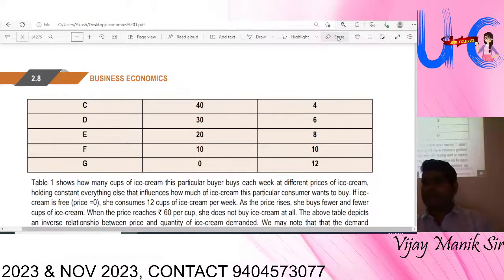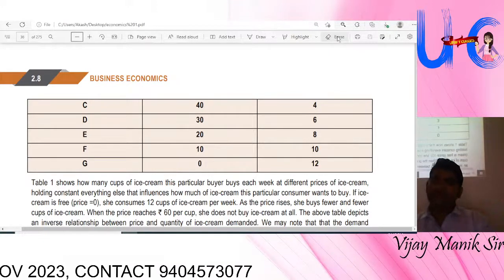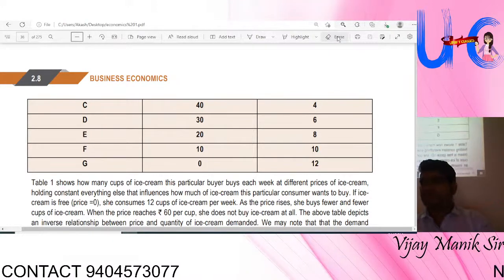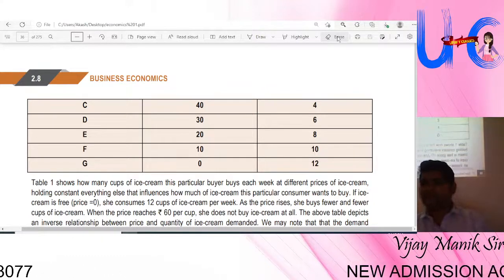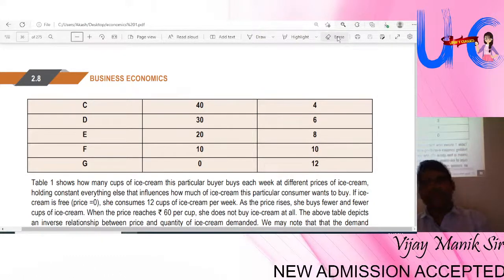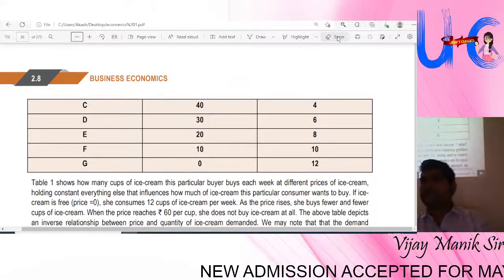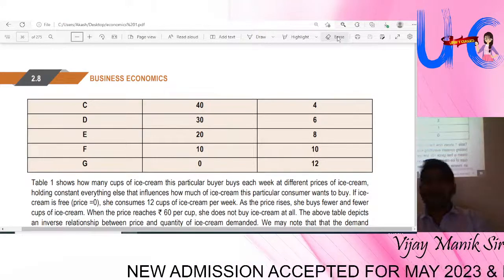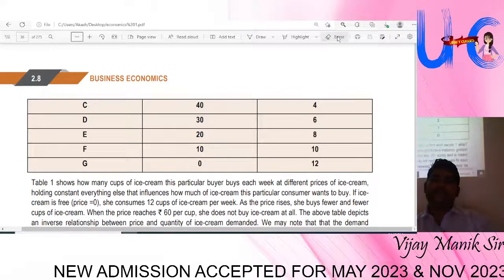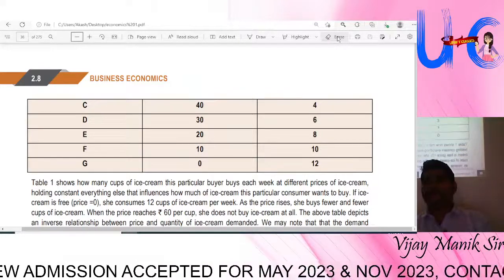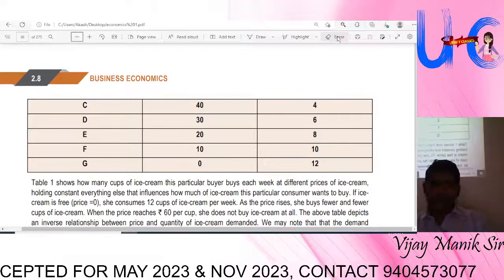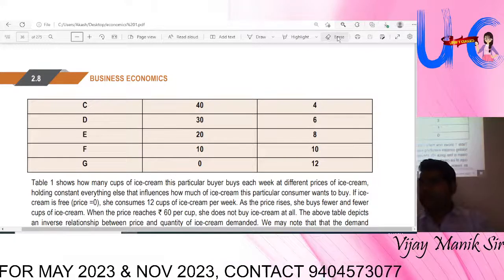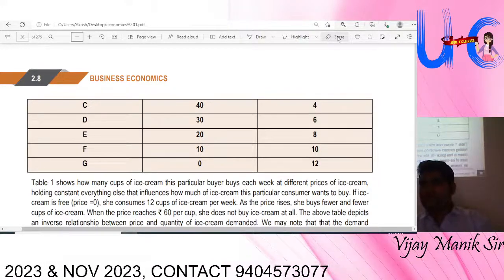Price also reduced, 30 rupees, demand is increased. 20 rupees, demand is increased. 10 rupees, demand increases. 0 rupees, free, the highest demand is there. So the law of demand is explained in the schedule. Did you understand?